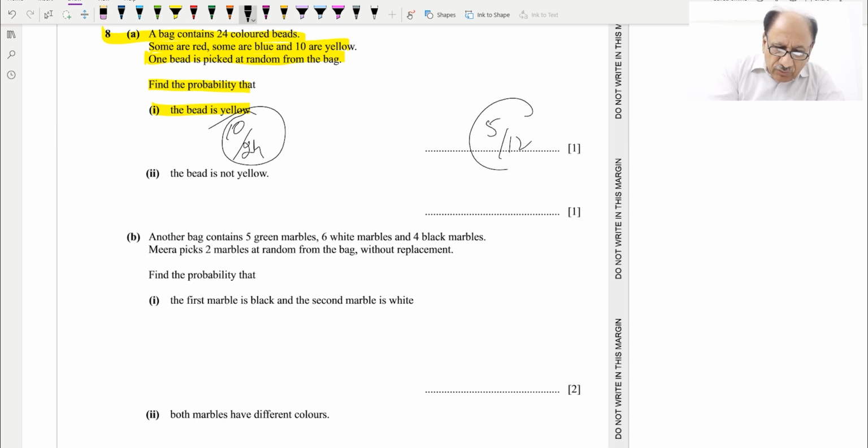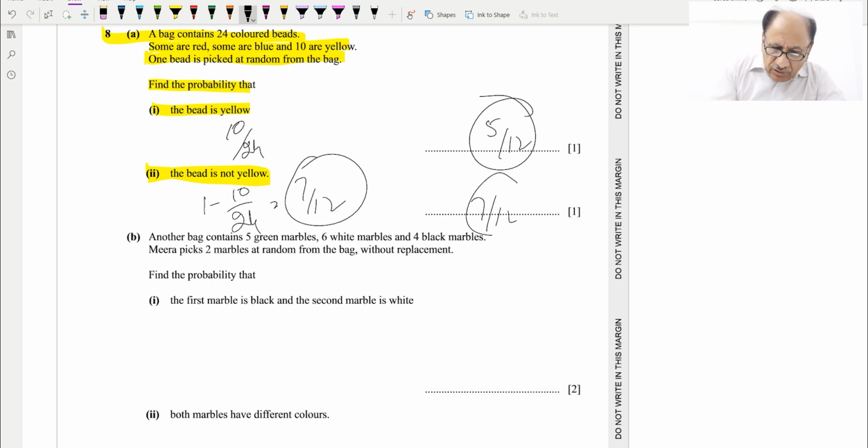Next part, the bead is not yellow. Not yellow will be 1 minus 10 by 24, which is 7 by 12. You can use calculator for that, and this will be the answer for 1 mark.